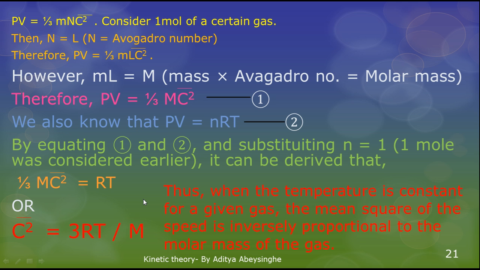And finally, I derived a relationship between the velocity of a gas, the temperature, and the molar mass, and also between PV and nmc squared bar. PV equals 1 upon 3 nmc squared bar, which is the characteristic equation for any gas obeying the kinetic molecular theory. So this is all about the states of matter and gas laws, the first part of the series of videos, and also the kinetic molecular theory of gases.